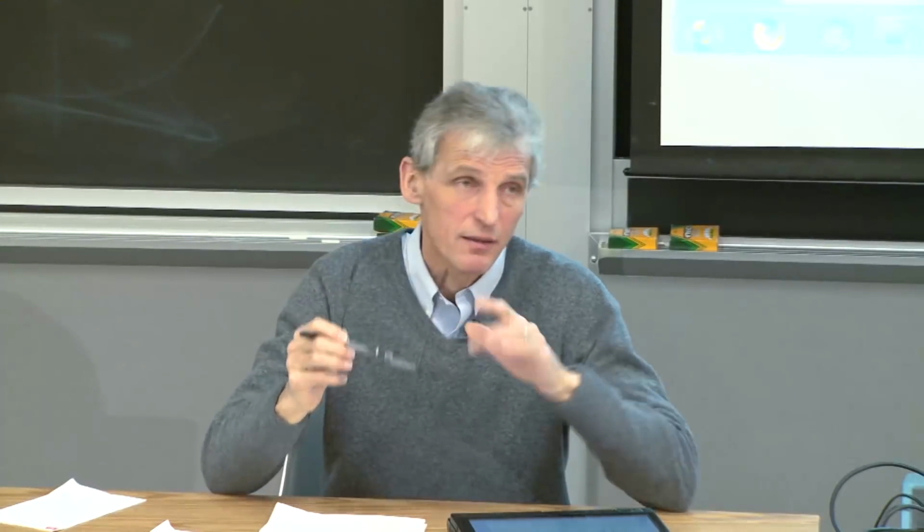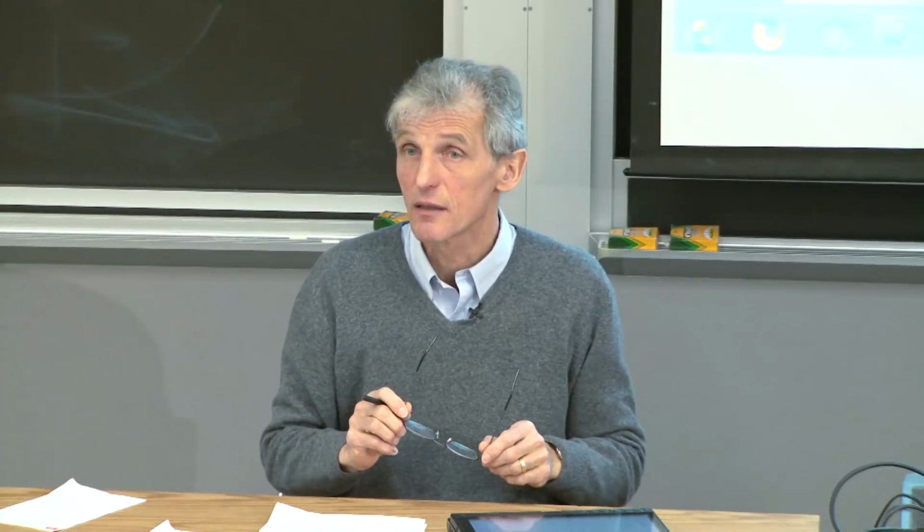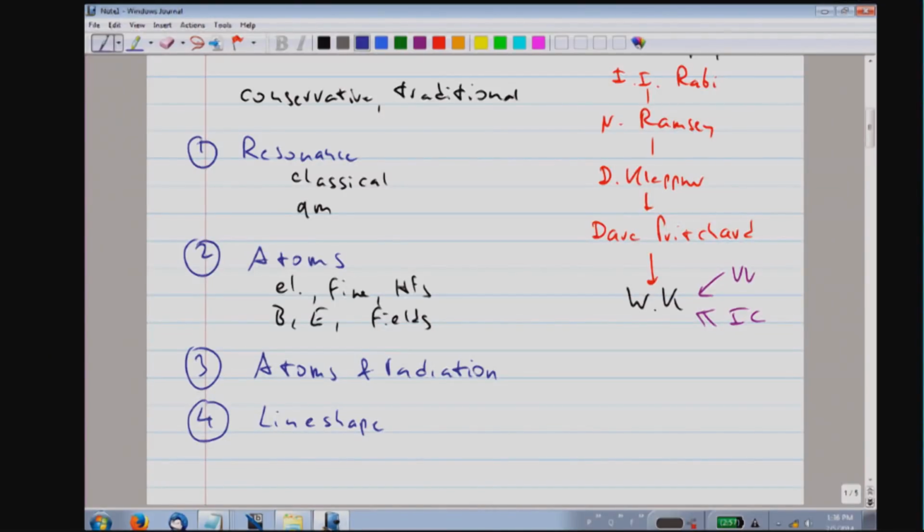And I found it extremely insightful when I first saw Dave Pritchard doing it in his atomic physics course, to just talk about all aspects which modify a resonance from a delta function, from a stick diagram, into a real shape. It can be Doppler broadening, it can be finite lifetime broadening, it can be inhomogeneous field, but there are lots of interesting effects, and by discussing them all together, you gain major insight.